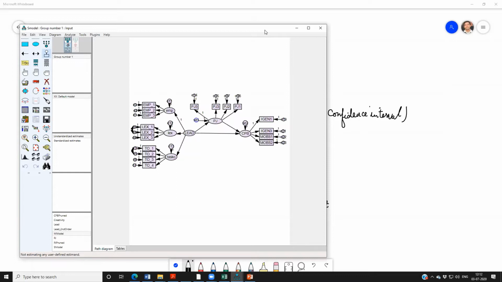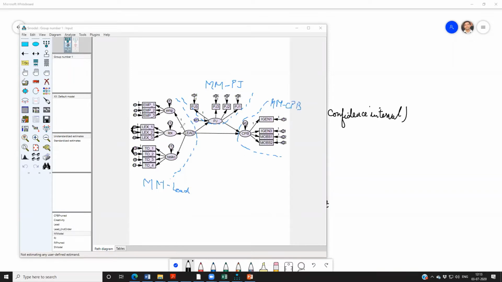Let me try annotating here. This is our measurement model for leadership, this is our measurement model for PJ, and this is our measurement model for CPP.